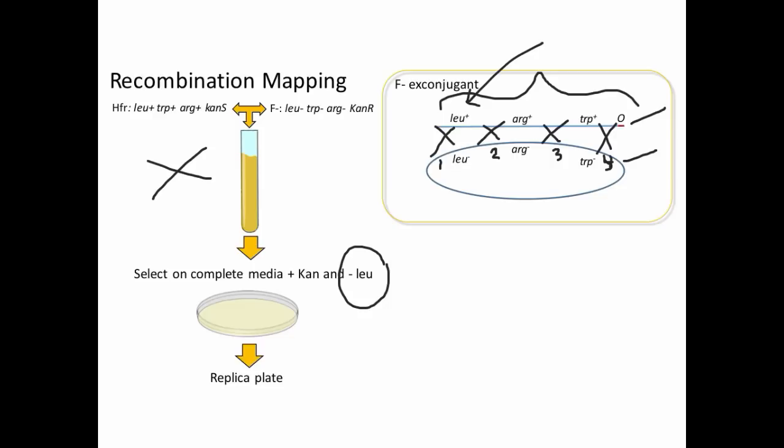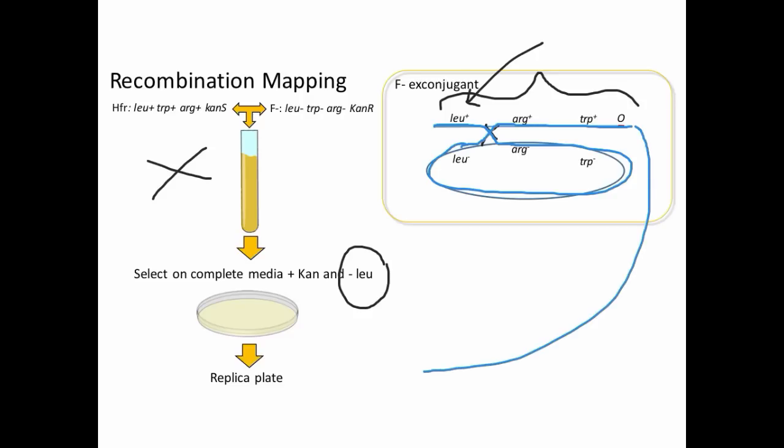Because if we had an odd number of crossovers, so if there was just one crossover, if we track this crossover, so let's say starting here, over, and right, continuing this way, if we track this crossover and pull it out into a single line, you're going to have one linear piece of DNA.